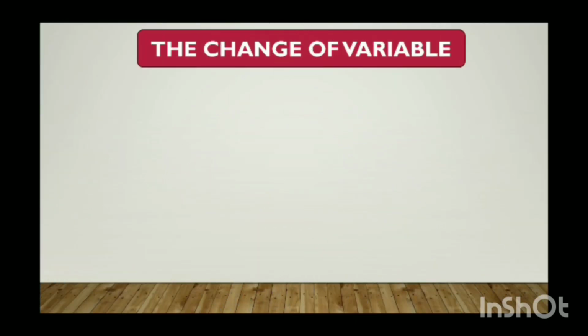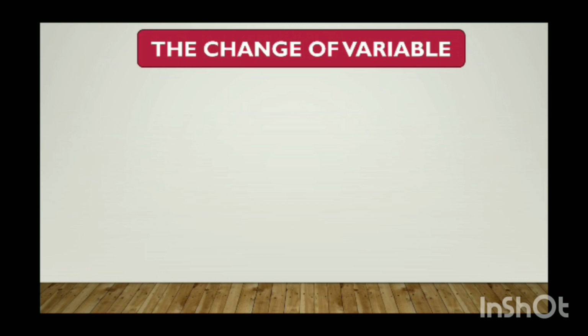But that is not the only way to resolve indeterminate form. We can equally use the change of variable. Why do we use the change of variable? In order to obtain a standard limit. Remember, I have presented to you some standard limits.